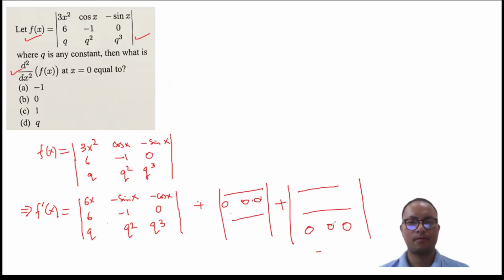So only the first term remains in the determinant, and the second and third terms are zero. So f prime x is the first term only.